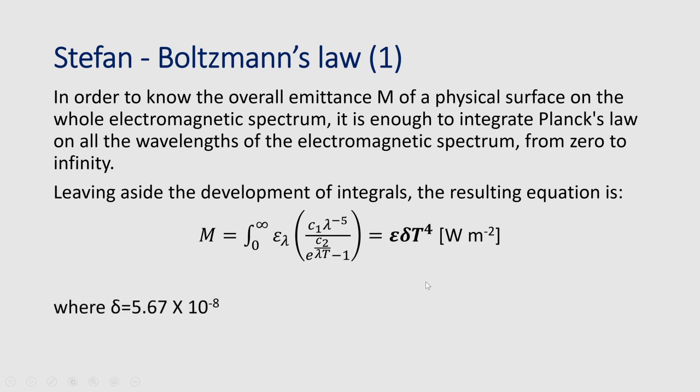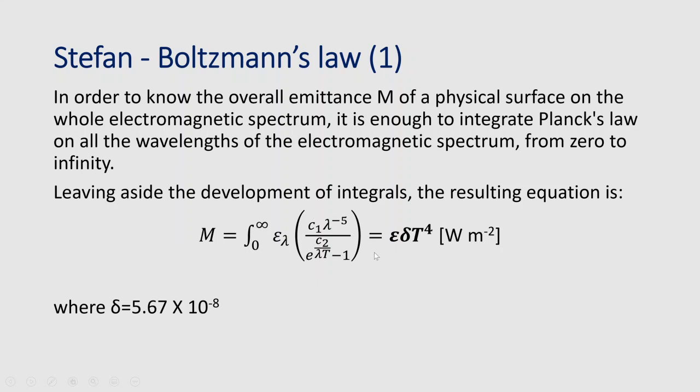And you see here, sigma is a constant, all right? So if we want to calculate the emittance of a black body or of a real body, you can use simply this equation, where you multiply this constant sigma by the fourth power of the temperature of the body you are performing the calculation for, and then you have to multiply that by epsilon, the emission coefficient, all right?